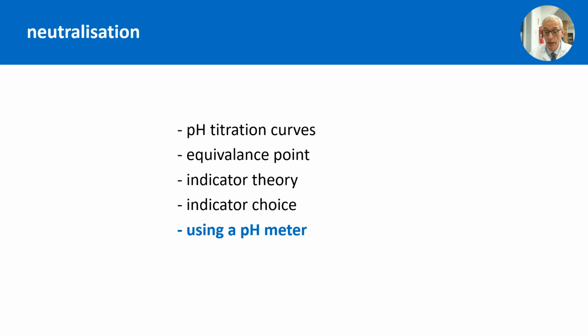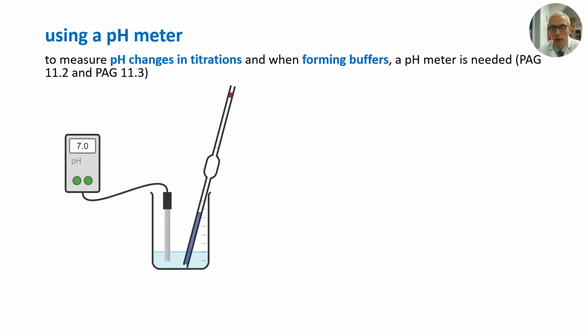Unusually, for the OCR Chemistry A specification, the instrument, a pH meter, is specified, along with the techniques and procedures for its use. So I've covered it on the next 2 slides. So you will probably have used a pH meter in PAG 11.2 and PAG 11.3, producing pH change curves in titrations or forming buffers.